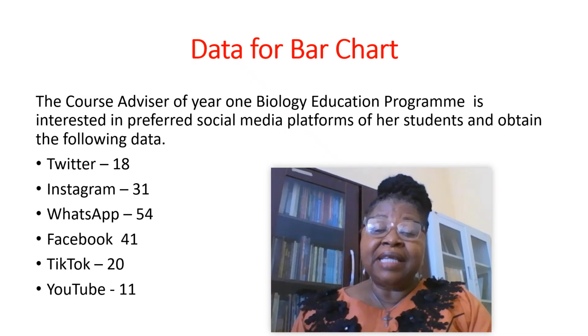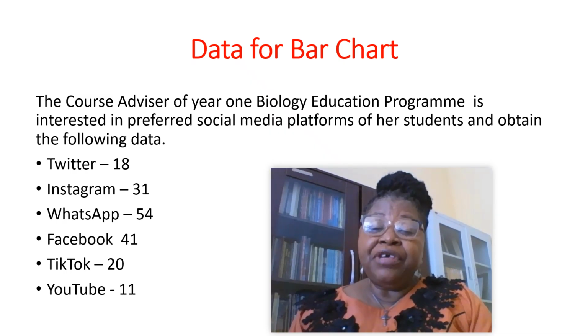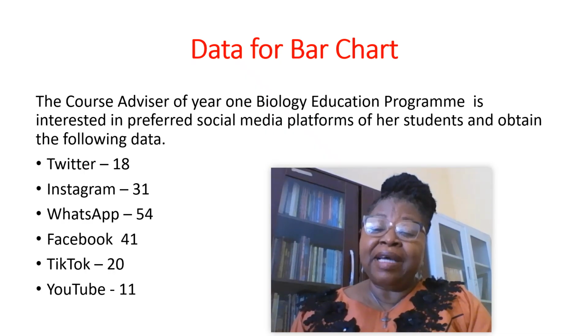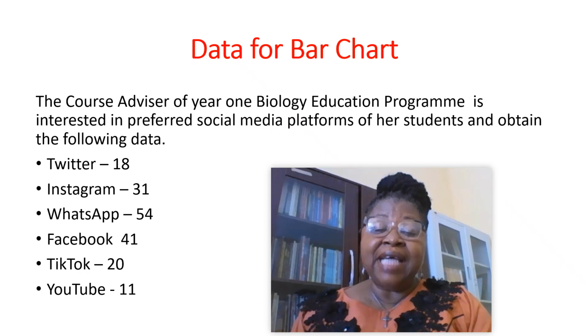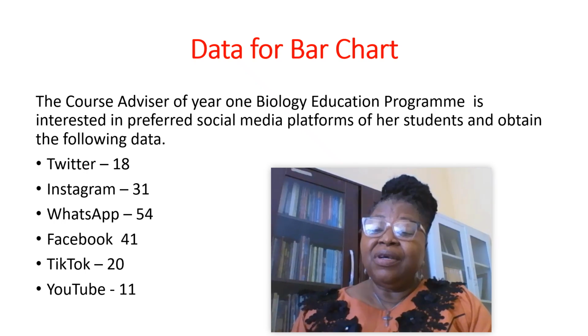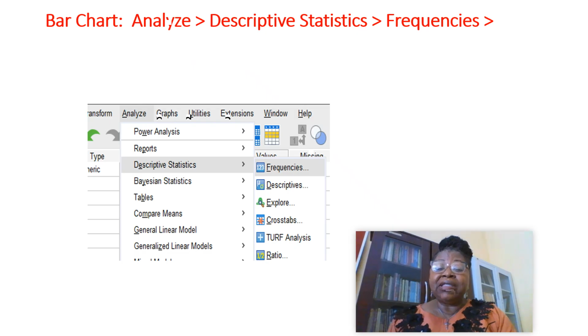We now say that a course advisor of Year 1 Biology Education Program is interested in the preferred social media platform of her students. And it has the following data: Twitter 18, Instagram 31, WhatsApp 54, Facebook 41, TikTok 20, YouTube 11. So we now see how we can do the bar chart.